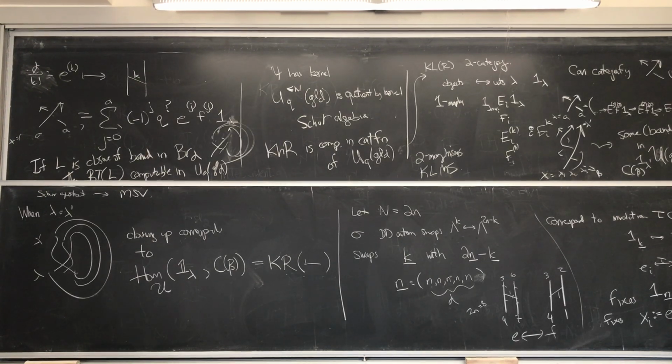So it sends this to FI, EI, 1n. But on the 0 weight space, E and F commute. Okay? And it also fixes what I'm going to call xi divided k, which is EI divided k, FI divided k, 1n.